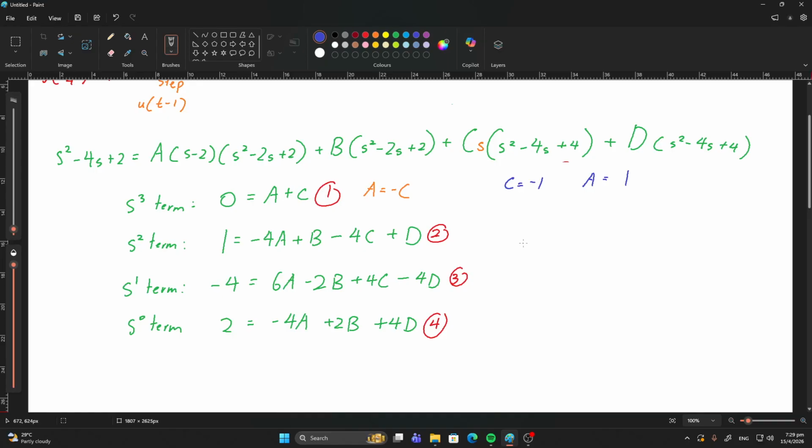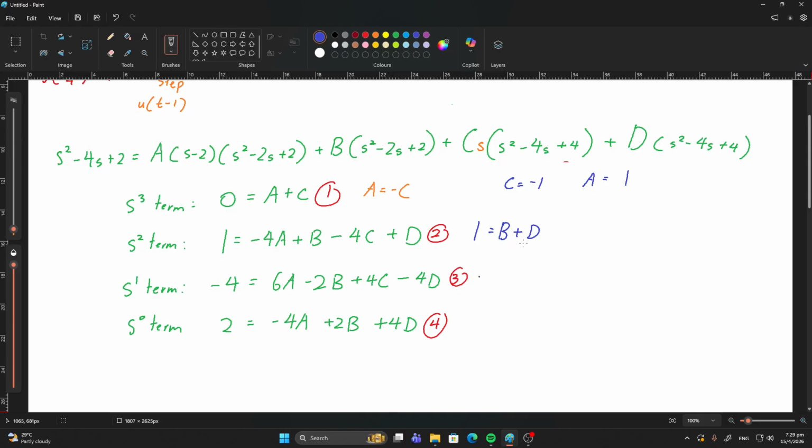Let's see. Maybe let's try to simplify it even better, okay? So we have a 1 equals minus 4 plus 4, so we need to cancel out each other. So it becomes a 1 equals b plus d.